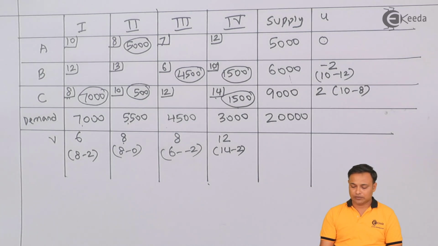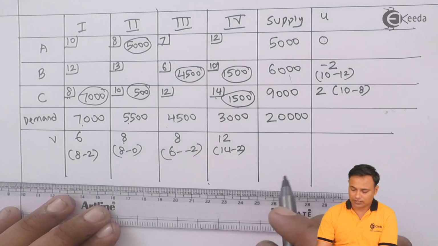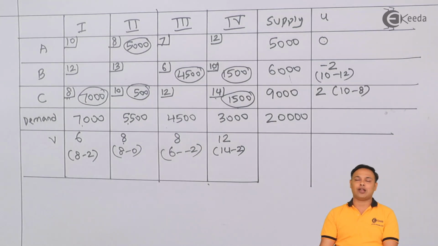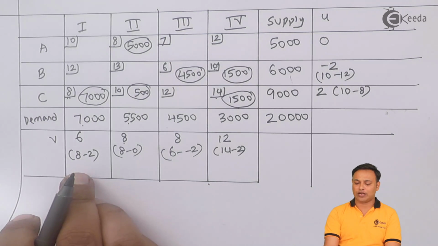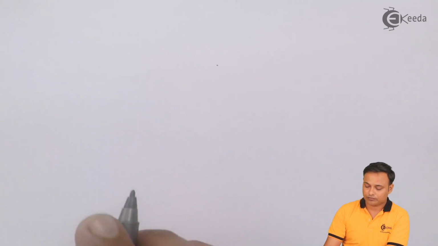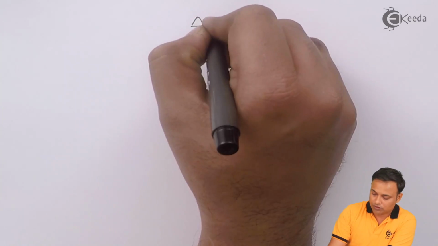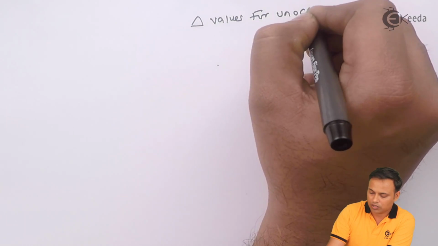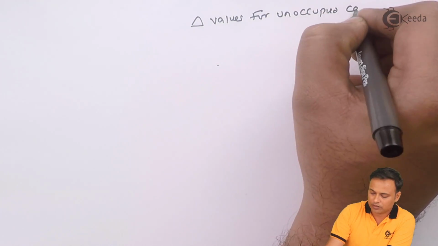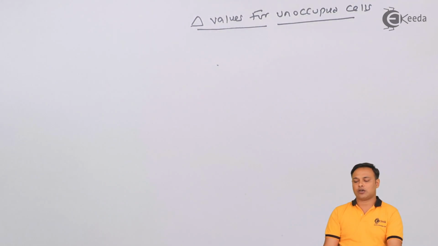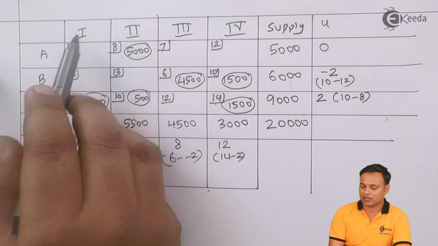So we have calculated all the U and the V values from the table. And it can be observed that now we are supposed to calculate the delta values for unoccupied cells. Let's calculate the delta values for unoccupied cells in the next page. So my first unoccupied cell will be A1 where the cost is 10.